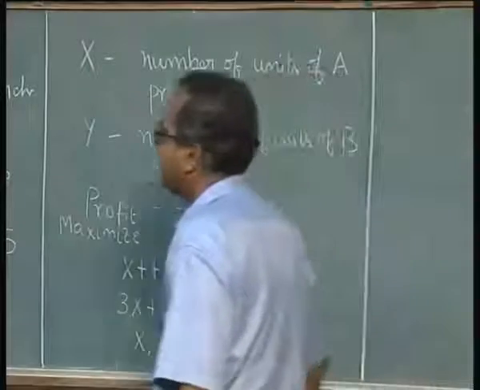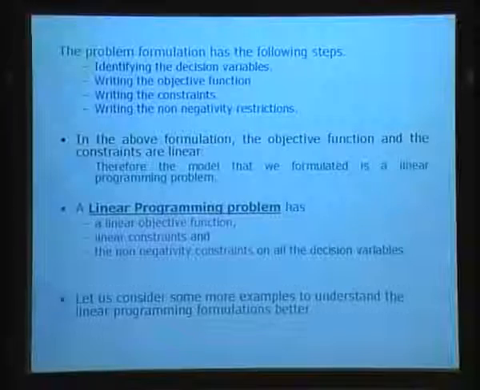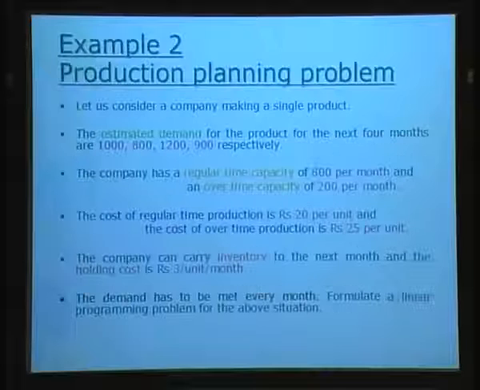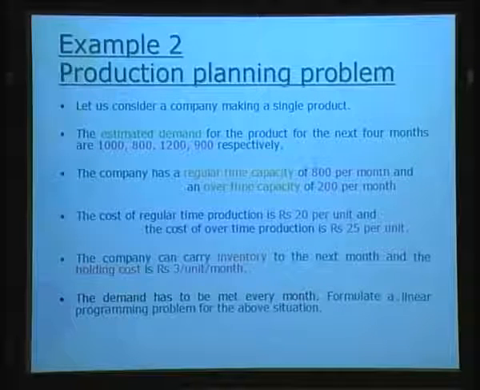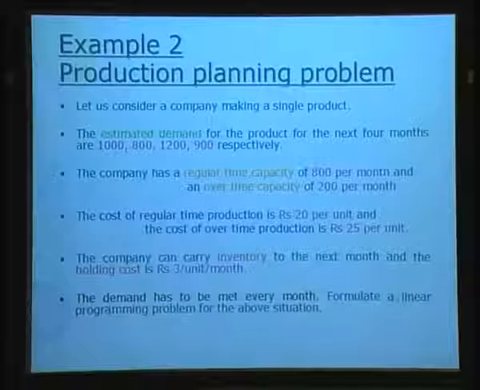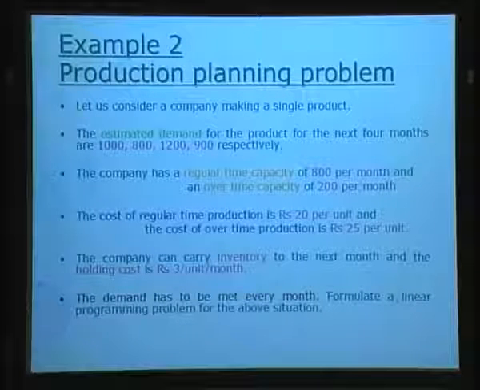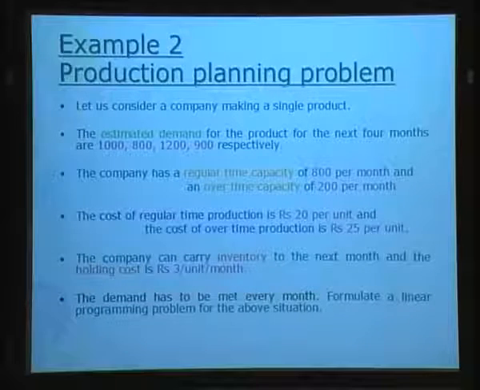Now we will look at some more examples to understand the linear programming situation. This is a simple formulation where we have looked at two variables, two constraints, a maximization objective function. Now, we look at more formulations to understand various other aspects of problem formulation in linear programming problems.